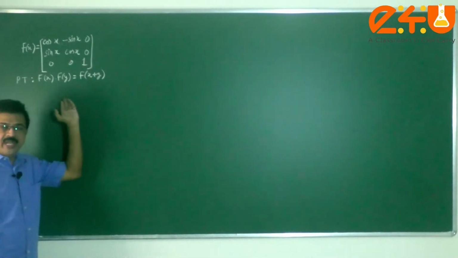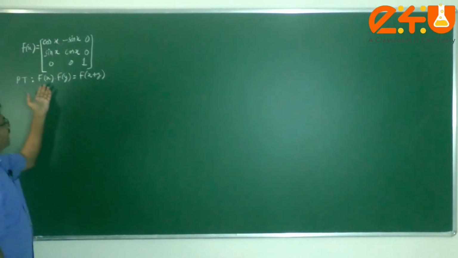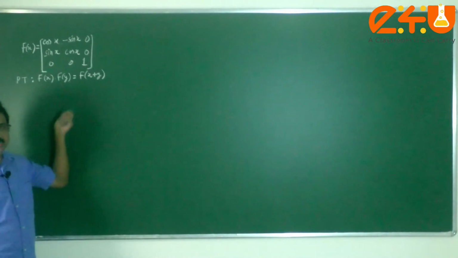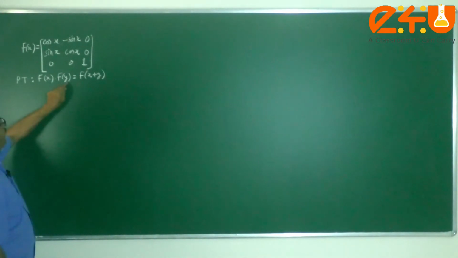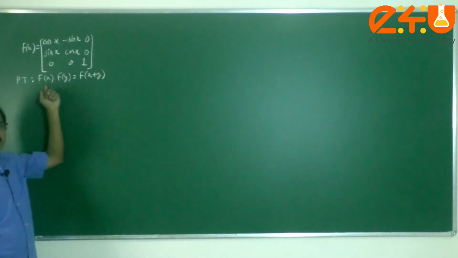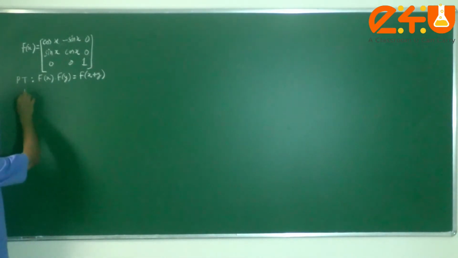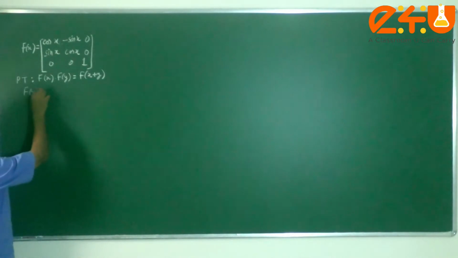When I say left side, multiplying f of x with f of y, you need to get f of y first, which means effectively replacing the variable x with y. So let me get what is f of y.